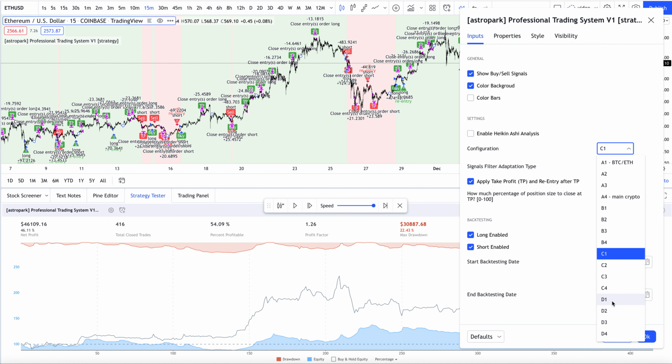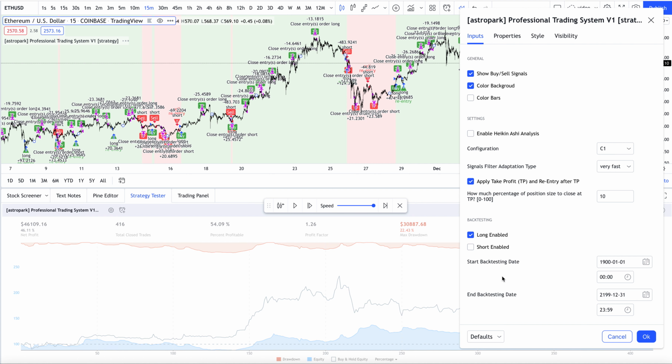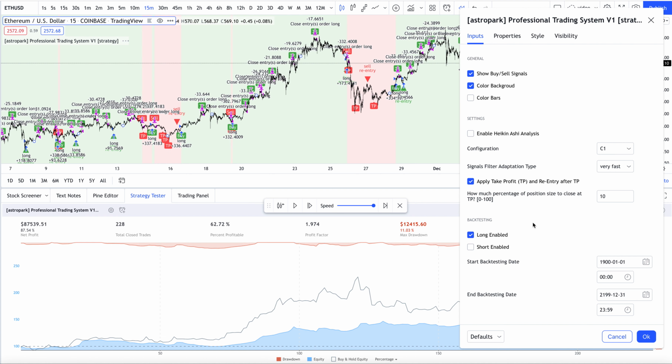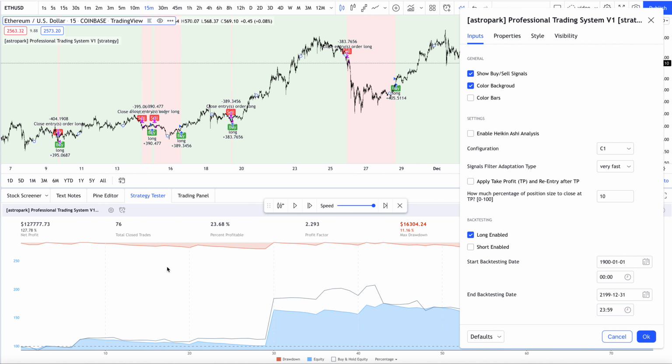Yeah, basically the C1 was better here. If we remove the short and if we remove the take profit, yeah. Let's check A1.